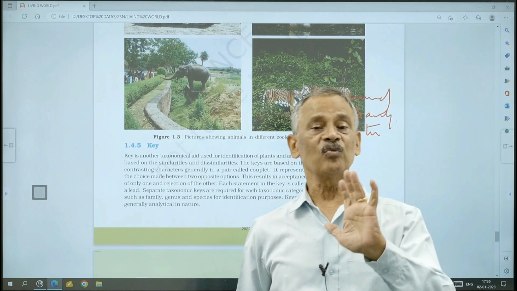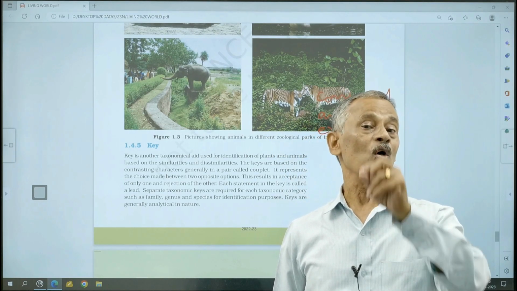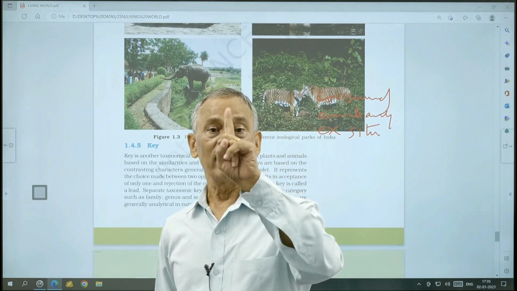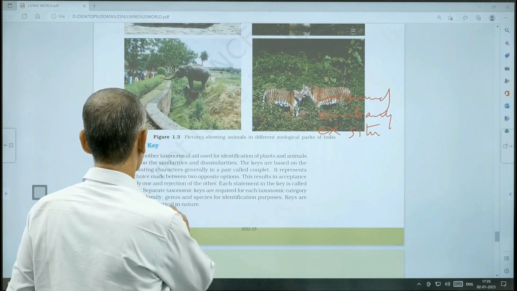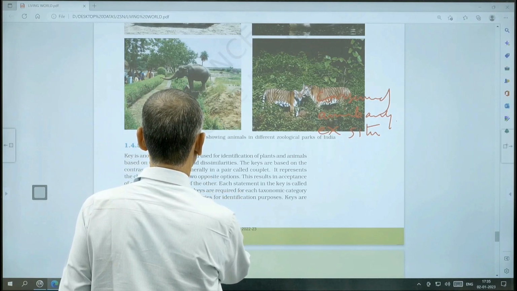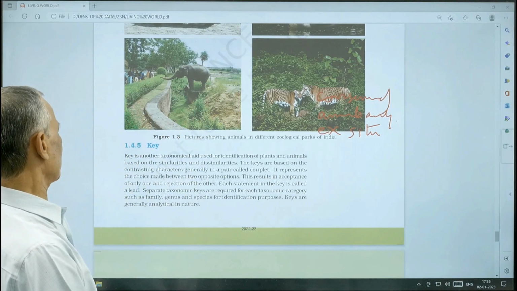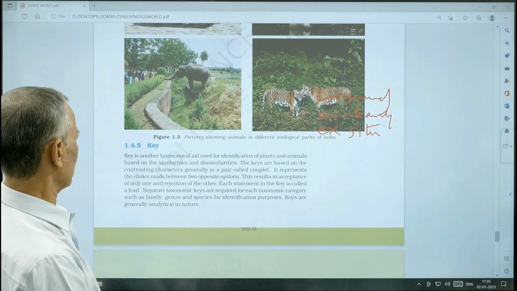You want to identify the order of an organism, you have to take the key for orders. Keys are only for a particular taxon. Separate taxonomic keys are required for each taxonomic category, such as family, genus, species, for identification purposes.